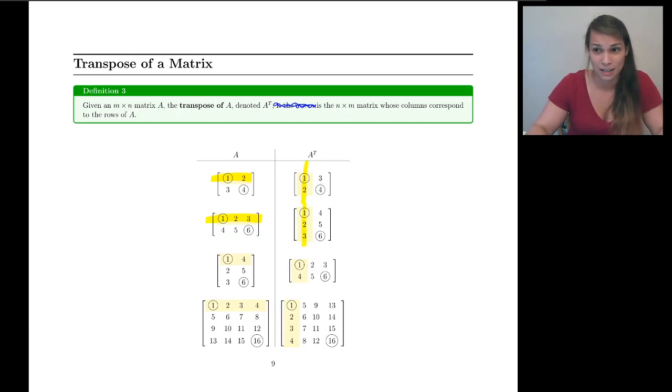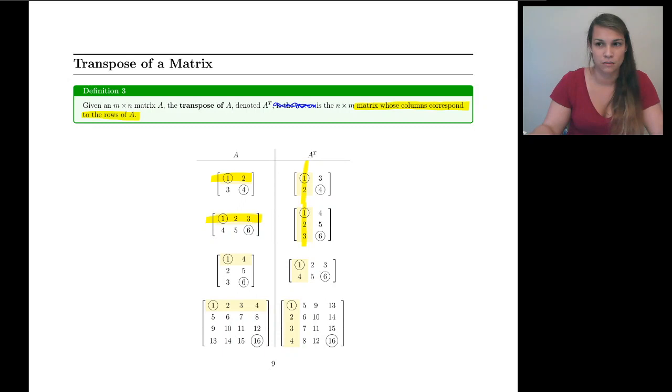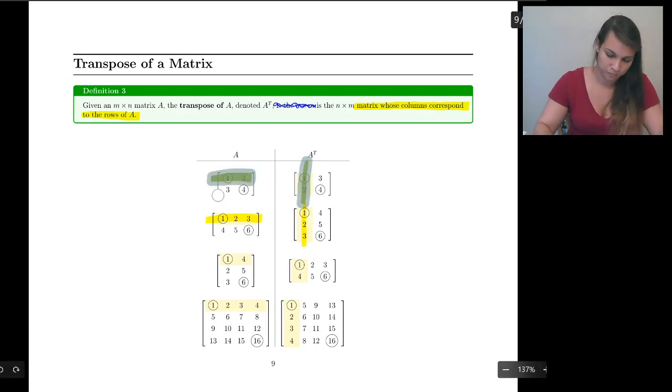Yes, once again, they are the same. So going back to the words, given a matrix A, the transpose is the matrix whose columns correspond to the rows of A. So basically, rows and columns switch jobs.